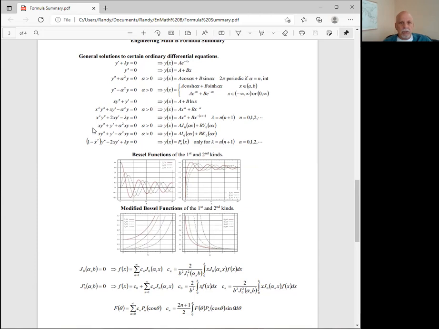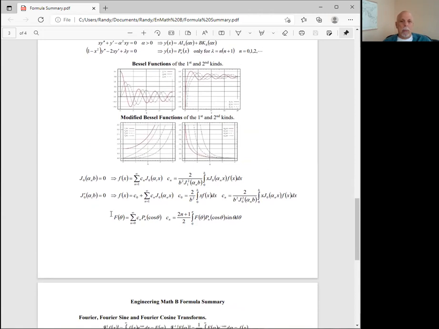The second to last two equations are Bessel equations, Bessel equations and modified Bessel equations. They're general solutions for, I guess, order 0. That's all we're really going to deal with when we use these to solve partial differential equations. Here's what they all look like, so you know where they are not bounded and which ones cross the 0 axis an infinite number of times.